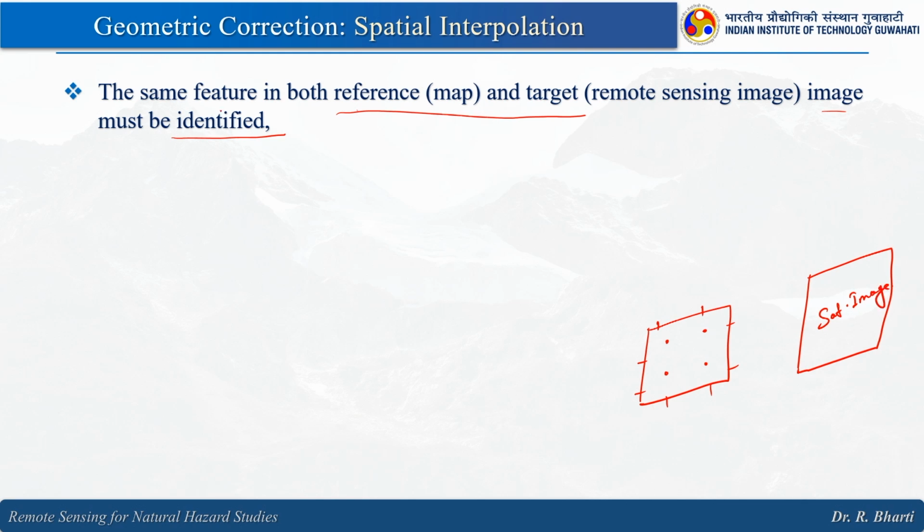So here the same feature in both reference and target should be used. Let us say here you have a building which is not going to move, and here this is the building, right. So I am selecting this particular pixel here and this particular location in the map.